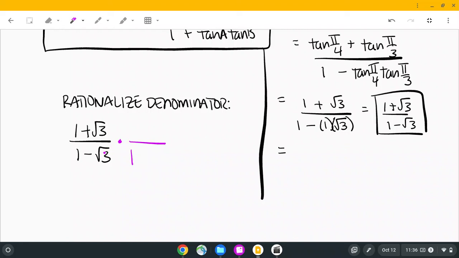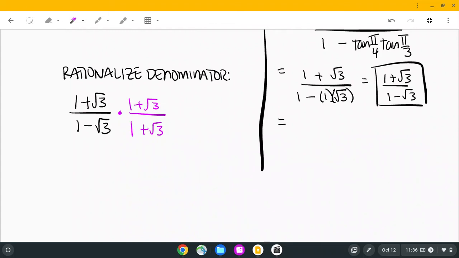Okay. All right. So anyway, if this is 1 minus square root 3, the conjugate. Okay, so the conjugate of the denominator. So if this is 1 minus square root 3, then we want to multiply by the conjugate, which is 1 plus square root 3 over itself. Okay. And this is how you rationalize the denominator.